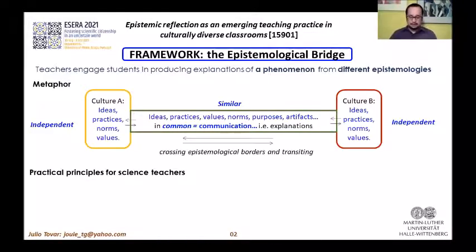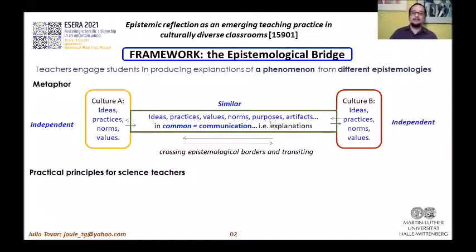With this part of the bridge, teachers engage students in crossing the cultural and epistemological borders, transiting through the common walkway to enter new contexts from the originals. This crossing could be in any direction and at any moment.